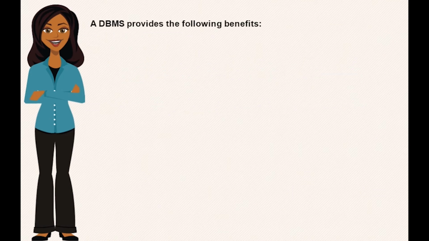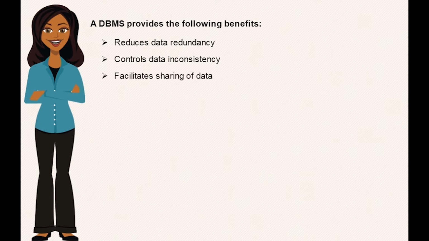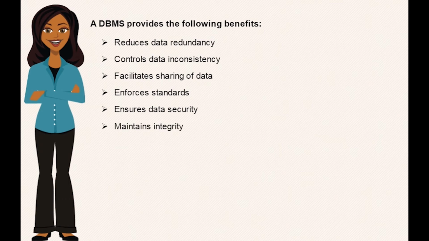A DBMS provides the following benefits: reduces data redundancy, controls data inconsistency, facilitates sharing of data, enforces standards, ensures data security, maintains integrity. Let us look at the benefits in detail.